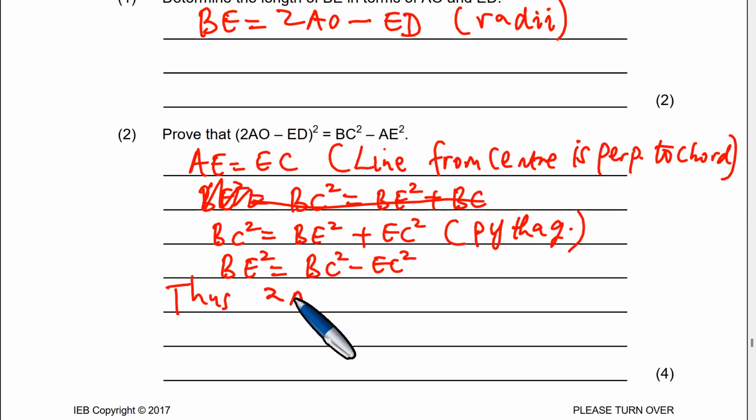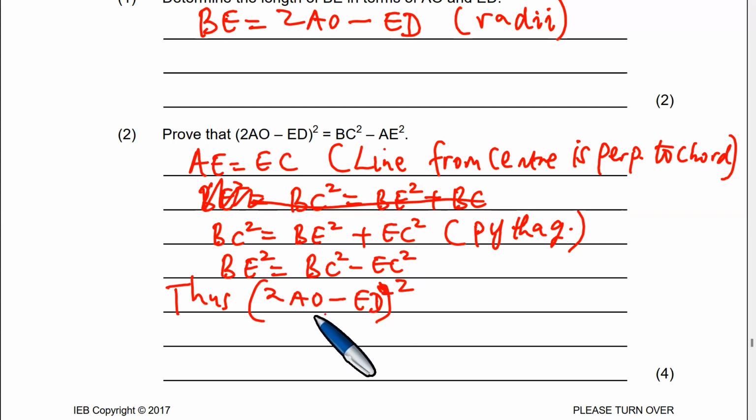So we must prove that twice AO minus ED squared, we'll put a parenthesis here, so that this side here, we're proving that the left is equal to right.